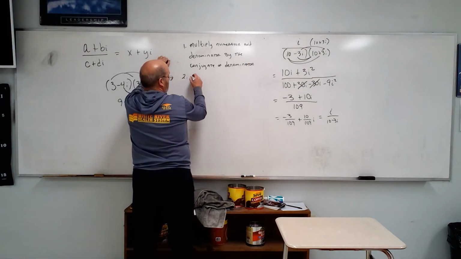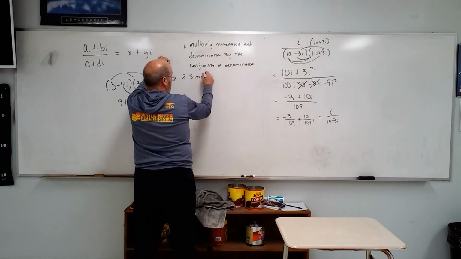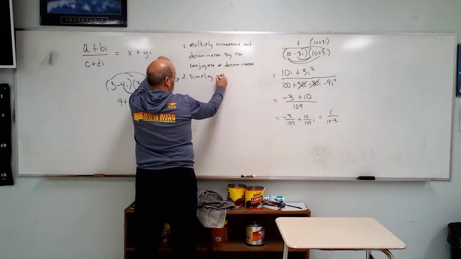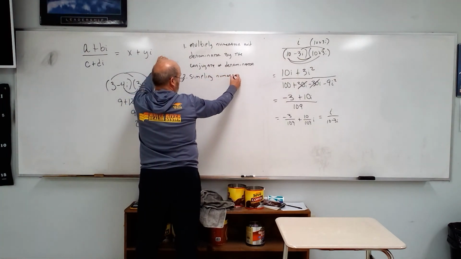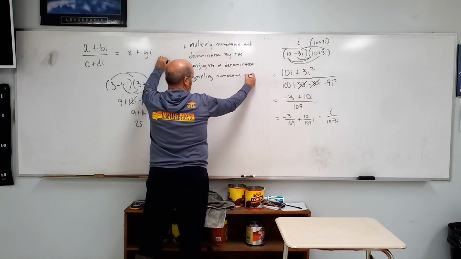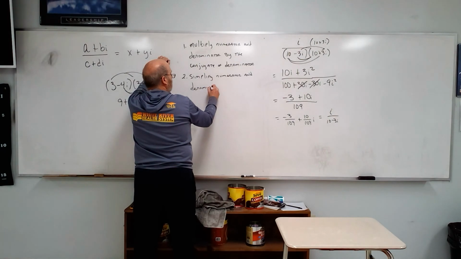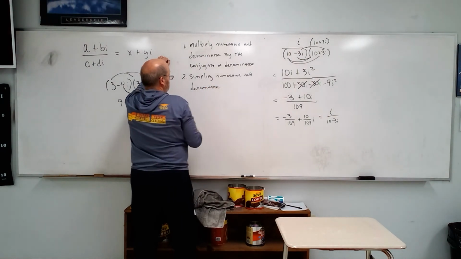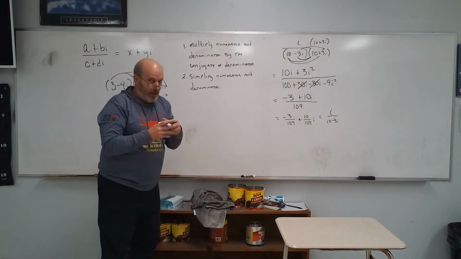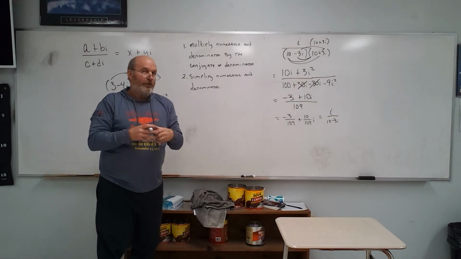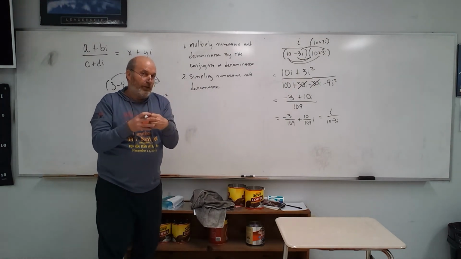Then we clean up, simplify the numerator and denominator. And remember, now, because you multiply by conjugates, your denominator is going to be one real number.